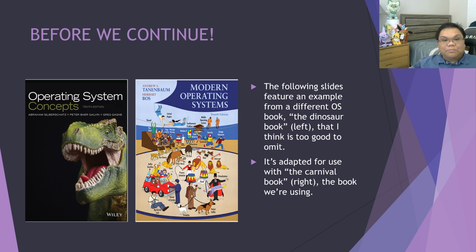The Carnival book was published when Windows 8 was new. And because Windows 11 is now a thing, they're both outdated. So I think one day I'm going to have to switch over to the 11th edition of the dinosaur book. We'll have to see. My point is, there is an example in the dinosaur book that I think is too good to pass up. So I've adapted that example for use in the Carnival book.